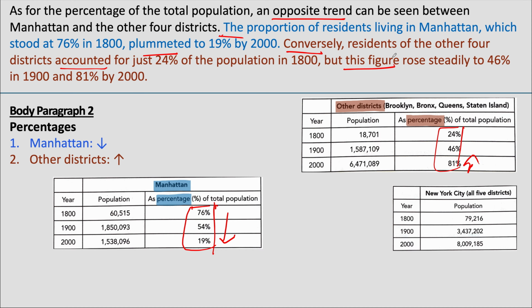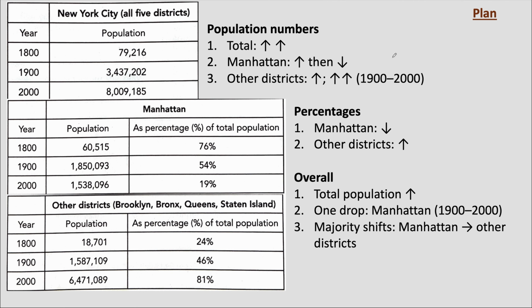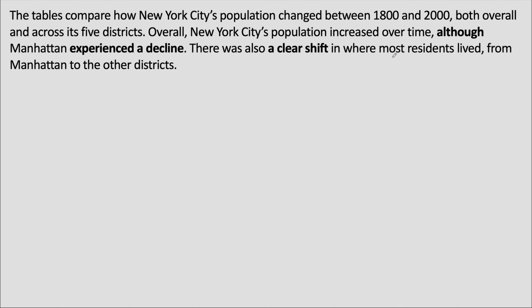To sum up, this is the original question. This is our plan. The final answer has 3 paragraphs. The first paragraph paraphrases the question and gives an overview, focusing on the main trends without details.